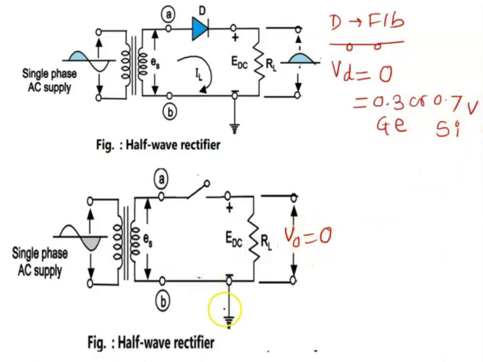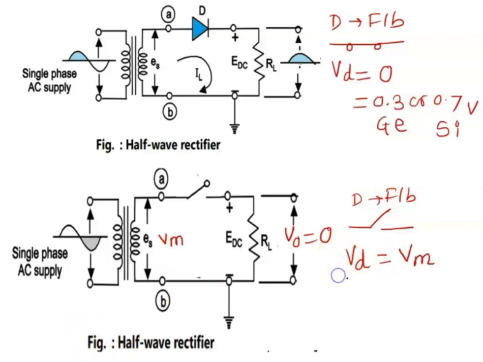Now during the negative half cycle, as the diode is reverse biased, we can show it by an open switch. So the voltage across the diode will be the same as the transformer secondary winding voltage. Let's say Vm is the peak voltage across the secondary winding, then the voltage across the diode will be the same as that voltage.